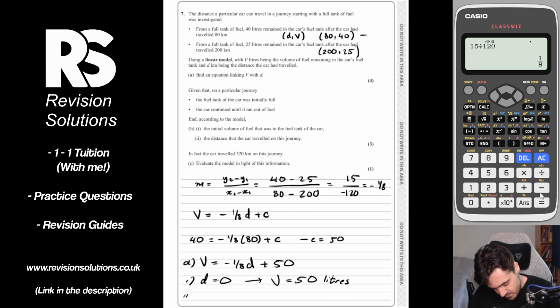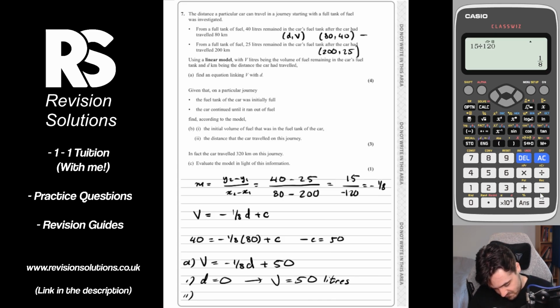And then part 2, it says the distance the car travelled on this journey. And earlier it says the car continued until it ran out of fuel. So if it runs out of fuel at the end of the journey, there's going to be 0 fuel remaining.